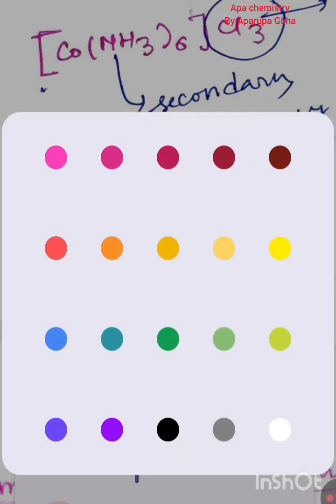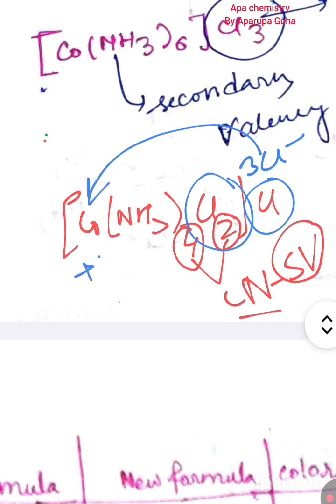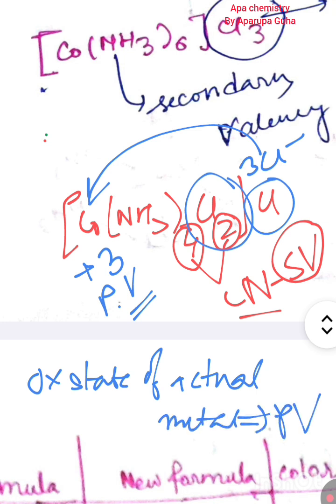And this Cl minus and this Cl2, that means ultimately 3 Cl minus, give the idea about the oxidation state of the metal, that is called primary valency. So the oxidation state of the actual metal, not the coordination sphere, is called primary valency, PV. And the coordination number, that is the number of ligands attached to the metal, is called secondary valency. Clear? Okay, next.